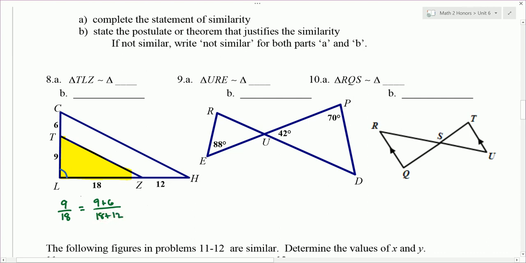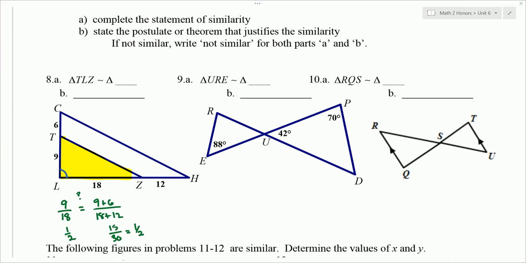So let's see, question mark. We don't know if they're equal. If they were similar, we would have proportionality, so we're checking here. The first fraction is 1/2. The second fraction, we get 15 over 30, which is 1/2. So we got proportionality.